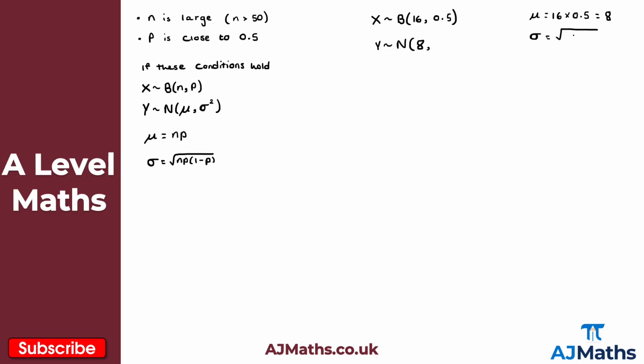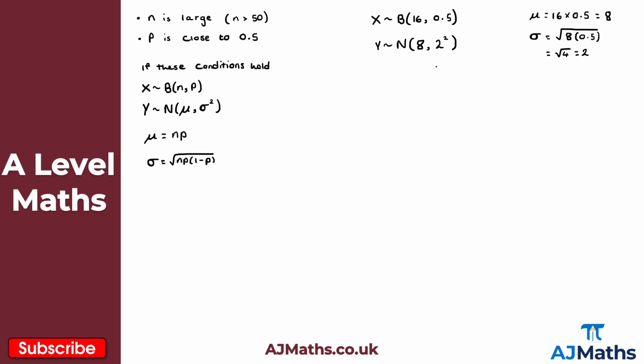That's equal to the square root of np, which is 8, then we times it by 1 minus p, so that's 1 minus a half, 0.5. So 8 times a half is 4. So what I've got here is the square root of 4, which is equal to 2. So the variance then is 2 squared. Okay, so this is my approximation.